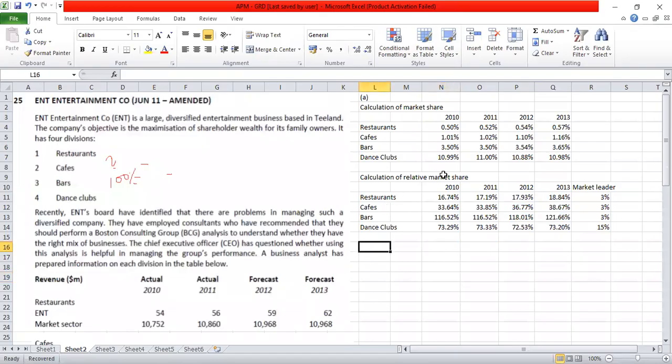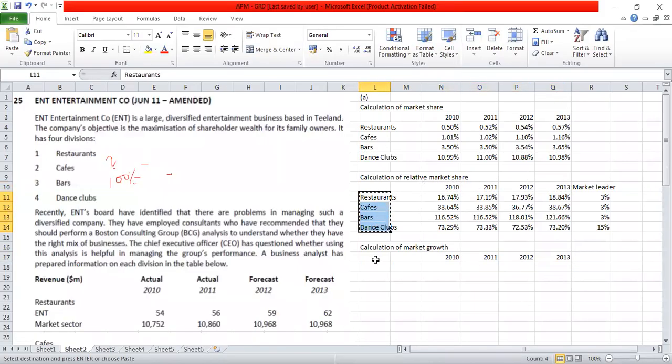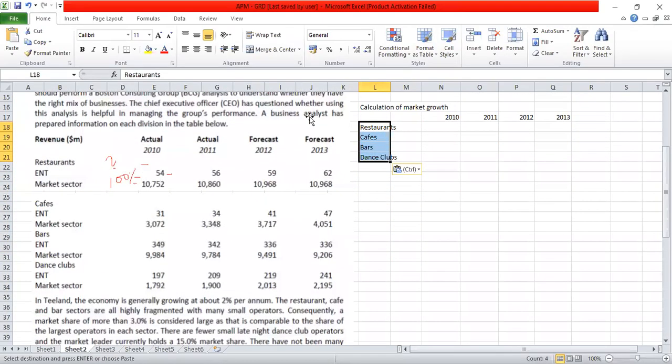So this is relative market share. We also have to calculate market growth. How to measure the growth?